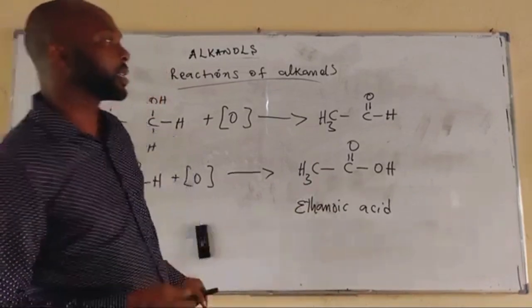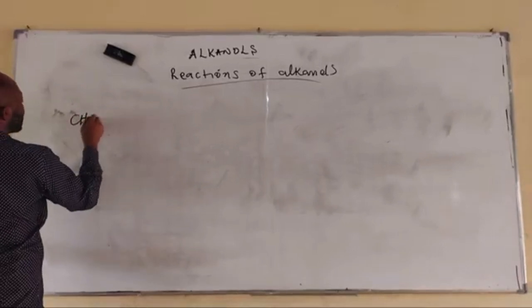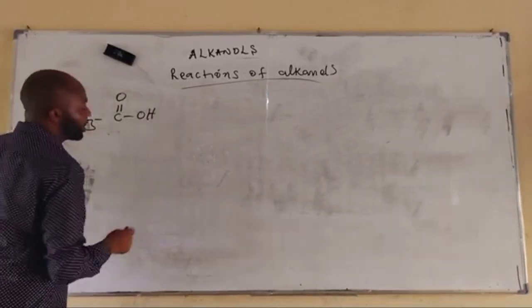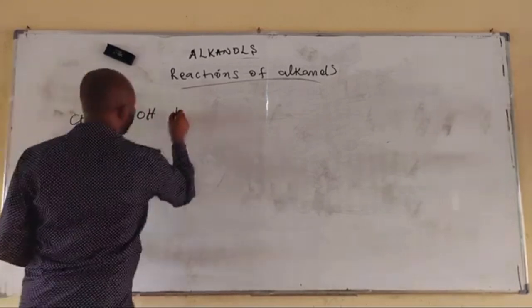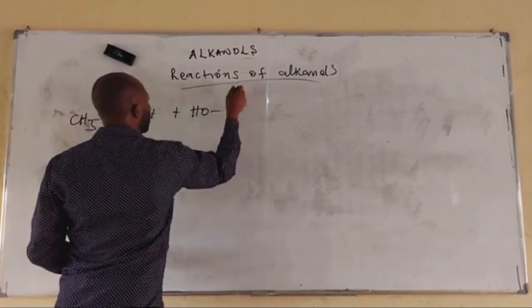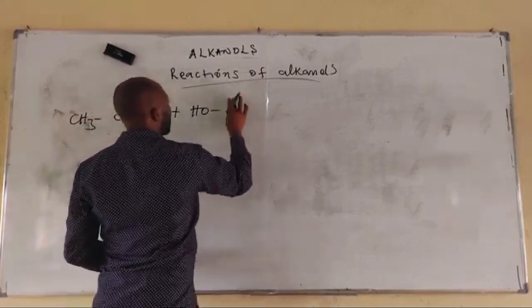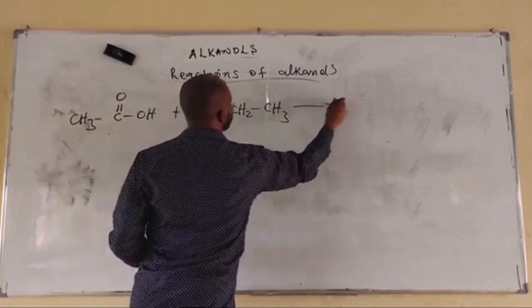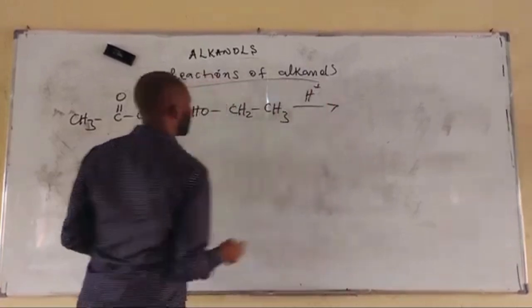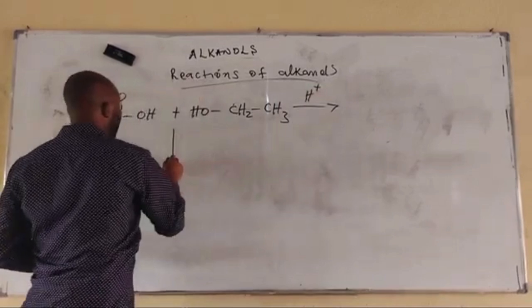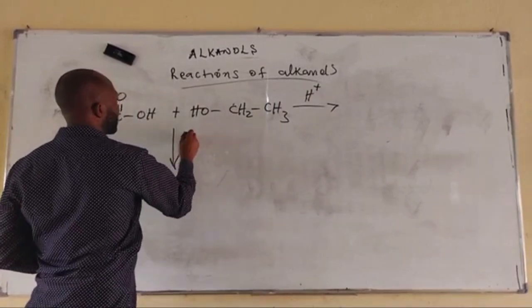So let's say that esterification. We have CH3 C double bond OH. This is my ethanoic acid plus my OH CH2 CH3 in the presence of an acid.